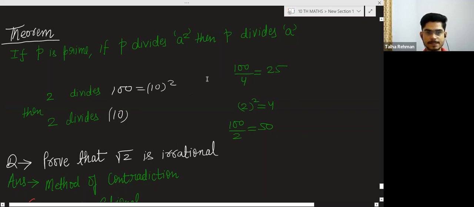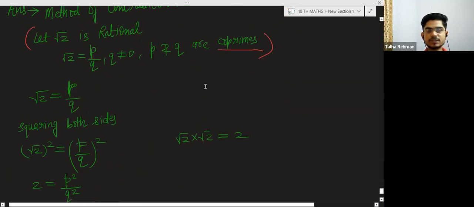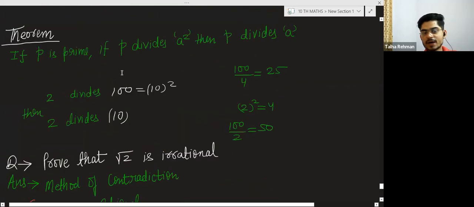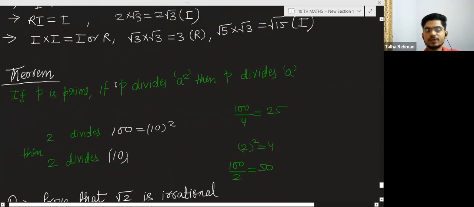Okay, so this is our theorem: if a number p divides the square of any number, then p will also divide that number.